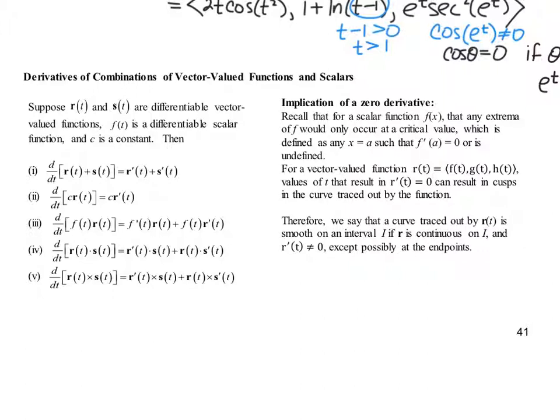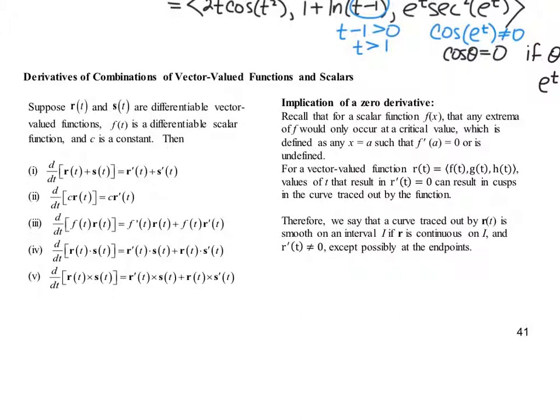Because you're finding the dot product between two vector valued functions, one of which is a derivative, but multiplying a scalar function by a vector valued function is way different from a dot product or a cross product. So if you look at the structure of it, it looks very much the same, but it has massively different approaches. Implication of a zero derivative.